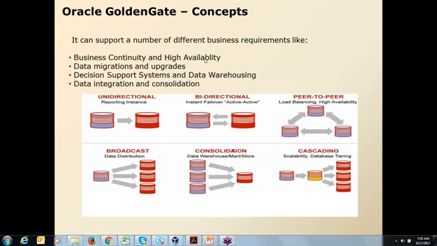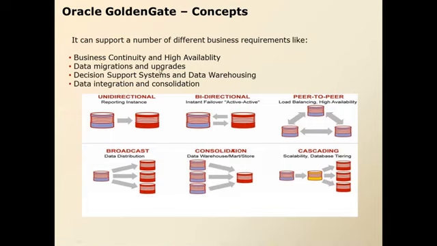You can use Goldengate for data migration and upgradation. One of the major usages of Oracle Goldengate is in migration or upgradation. You migrate and upgrade your databases regularly. When you do that, you tend to take loads of downtime.